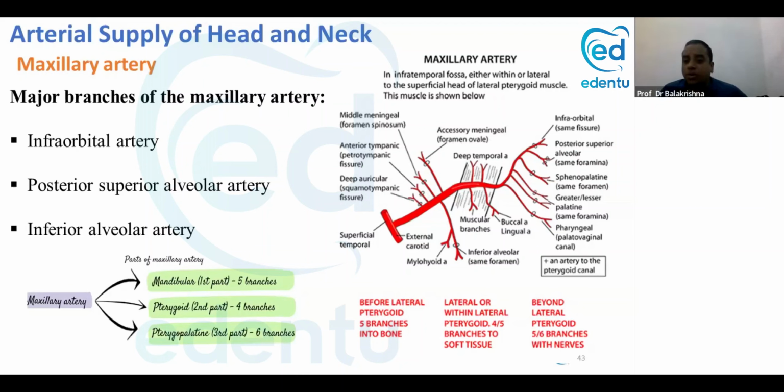So deep temporal artery, muscular branches are there. And then you have got the third part, the mnemonic is PIGPAS. P for posterior superior alveolar, I for infraorbital, G for greater palatine, S for sphenopalatine, and then it goes on. So please learn these branches, first part, second part, and third part.